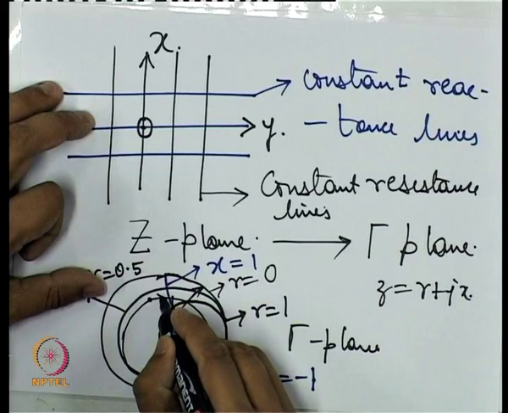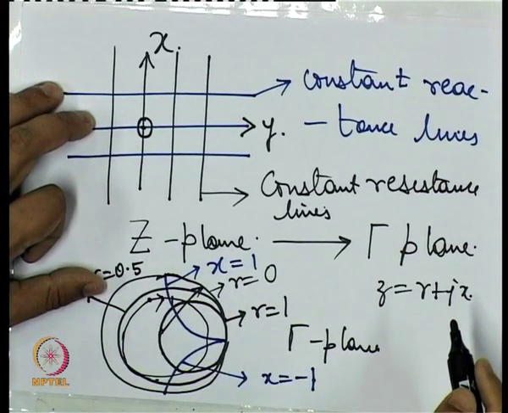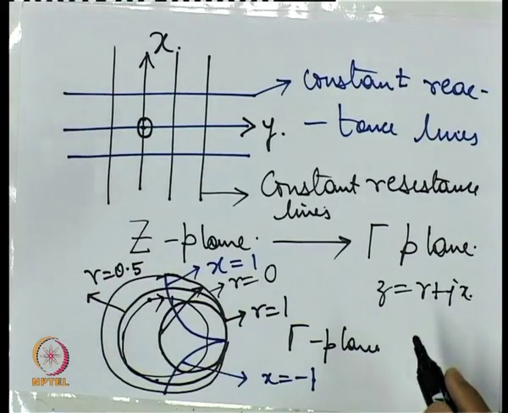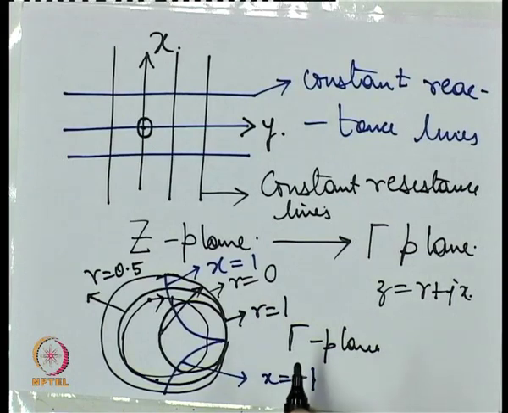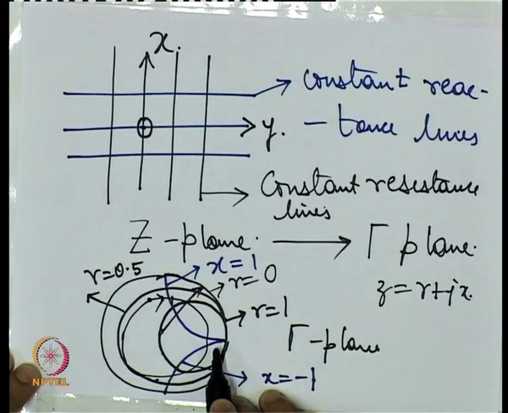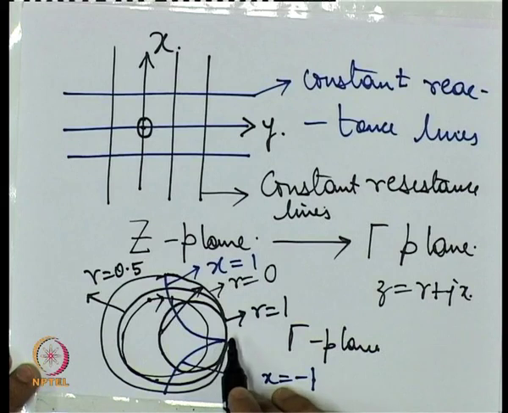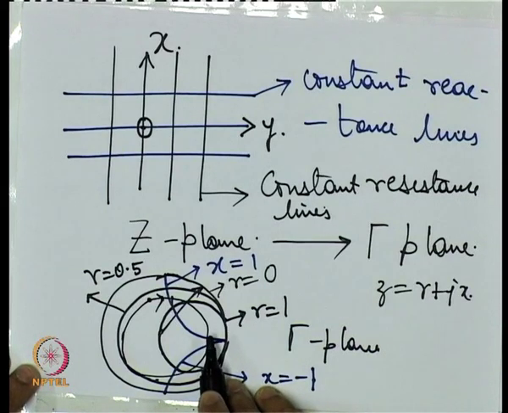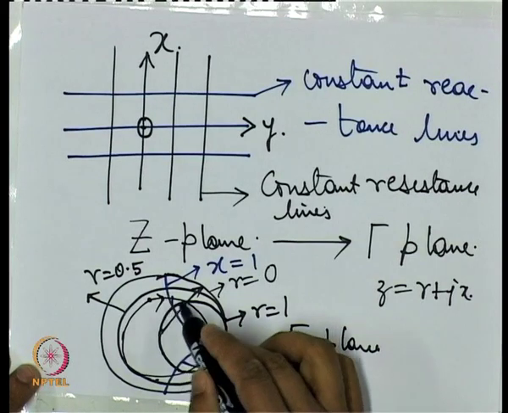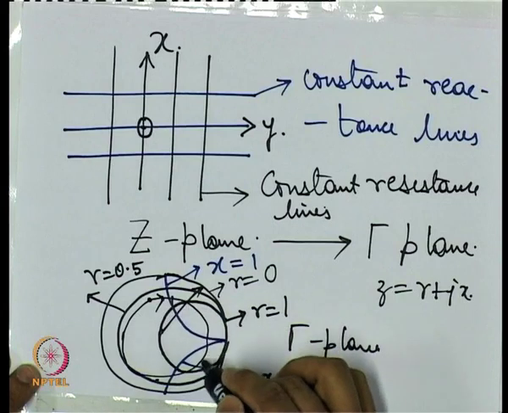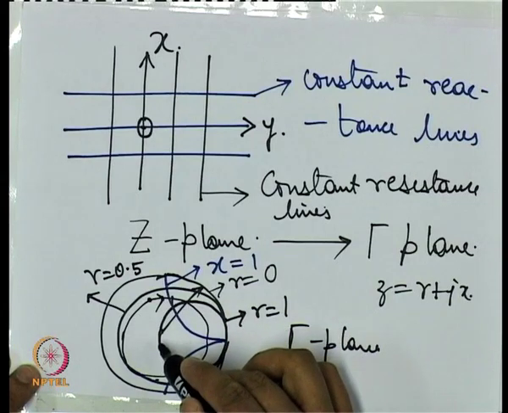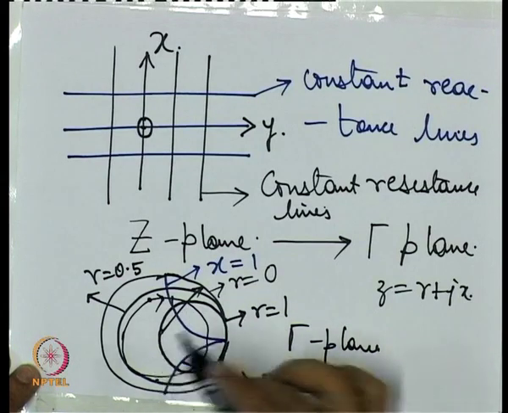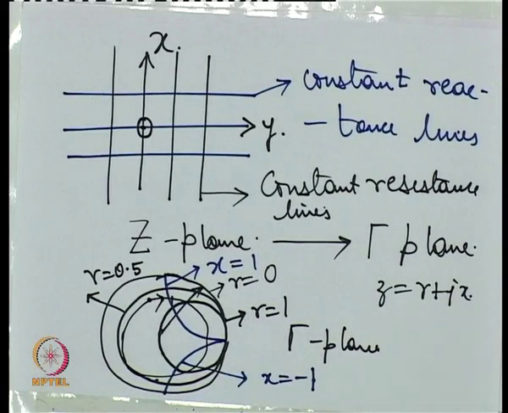Then if we move along the surface of that circle, we are moving along a transmission line, because now we are on the gamma plane, and I said that along a transmission line the magnitude of the reflection coefficient is constant.